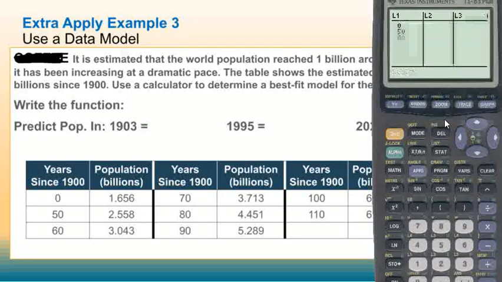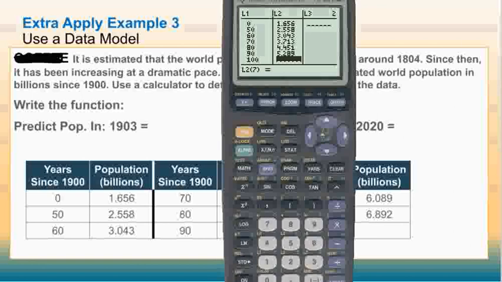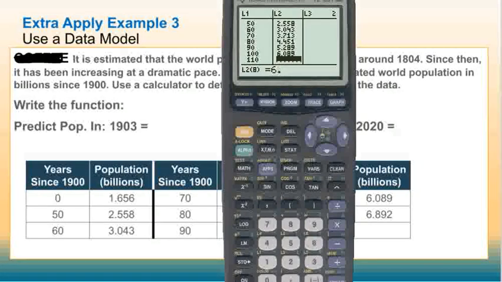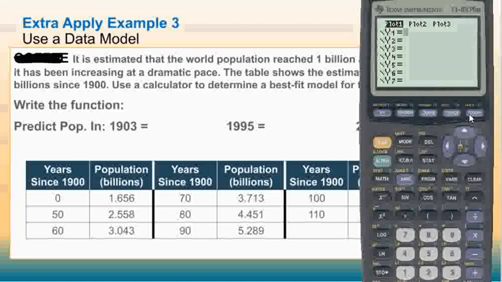Then here we have 1.656, 2.558, 3.043, 3.713, 4.451, 5.289. And move this over a little bit. We have 6.089 and 6.892. And then clear this, then hit zoom number 9.